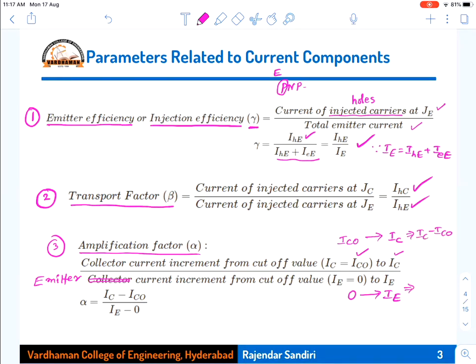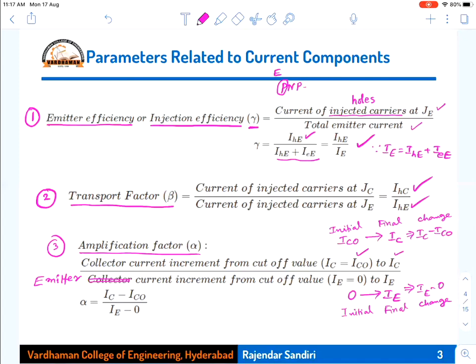Here the incremental value is the change in IE. Initial value is this one, final value is this one, then the change will be the difference of these two. Similarly, here also the initial value is this one, final value is this one, and the change is the incremental value. So the difference between these two is IC minus IC naught, and here it is IE.